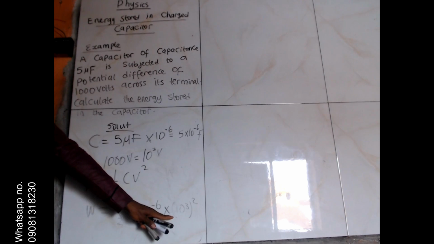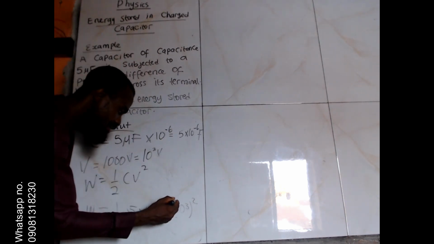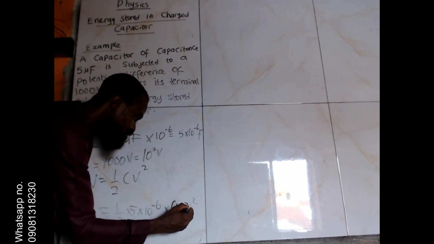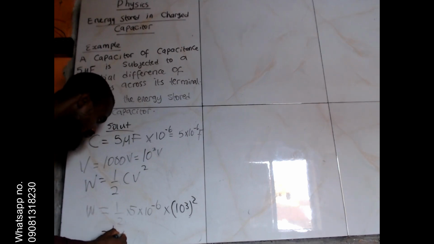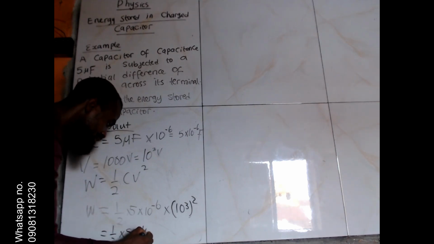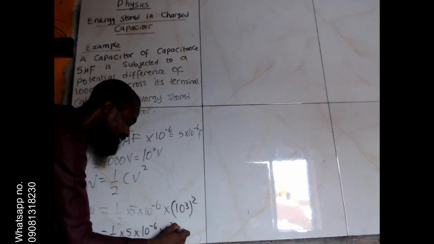Now we are obviously putting a bracket here because V is carrying a square. V is going with the square. So this is the same thing as 1 over 2 times 5 times 10 raised to the power minus 6, times (10 to the power 3) twice, because this is squared.